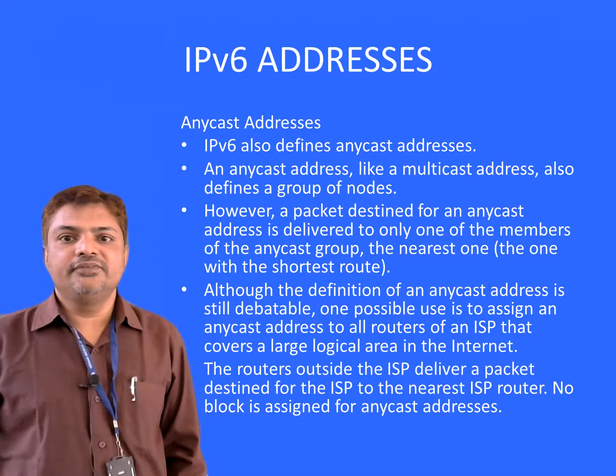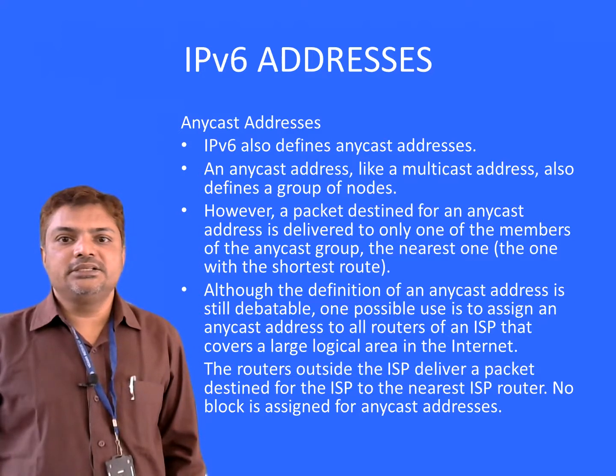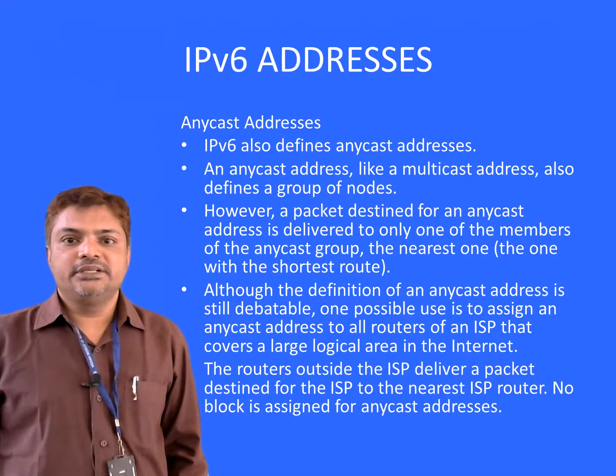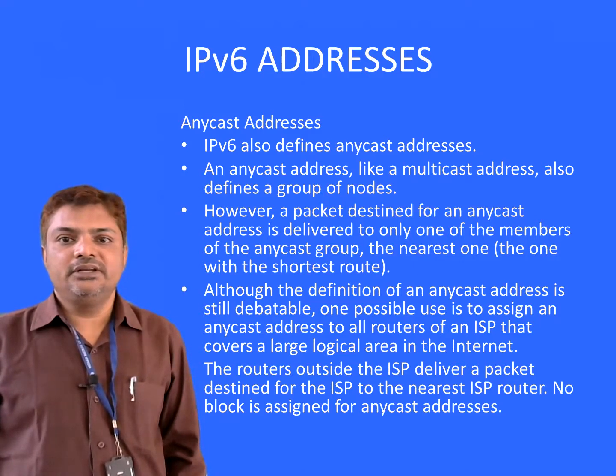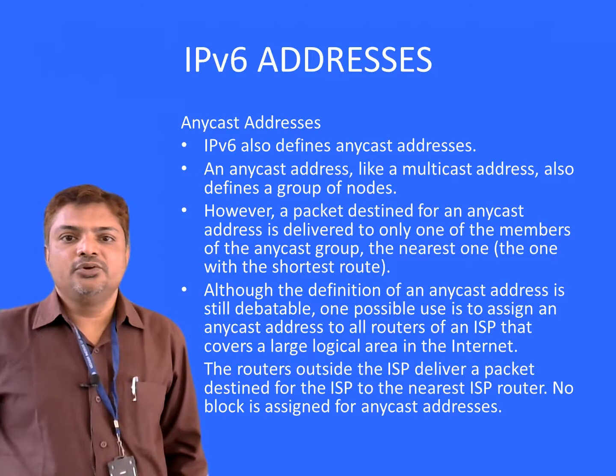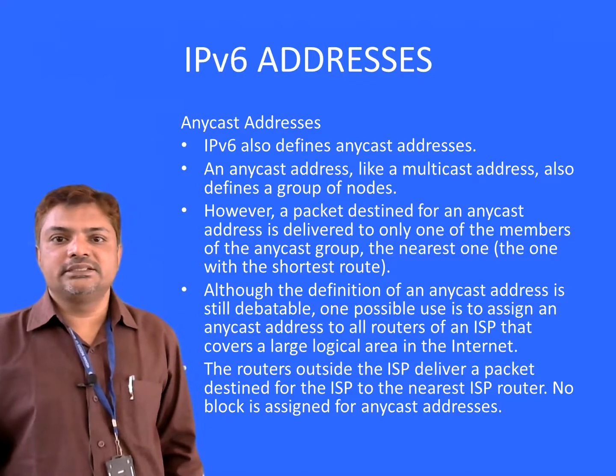Although the definition of an anycast address is still debatable, one possible use is to assign an anycast address to all the routers of an internet service provider that covers a large logical area in the internet. The routers outside the internet service provider deliver a packet destined for the internet service provider to the nearest internet service provider router. No block is assigned for anycast address.